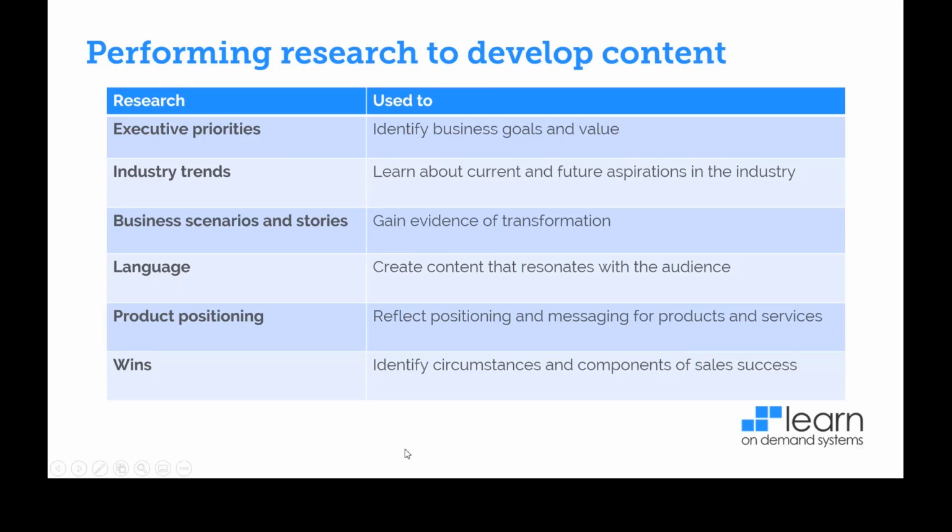And the way we find these things out is we do some industry research, and we look across industry to find out what are some of the priorities. Where are customers having success? What types of language resonates with them? What is the jargon that we need to create these materials using?